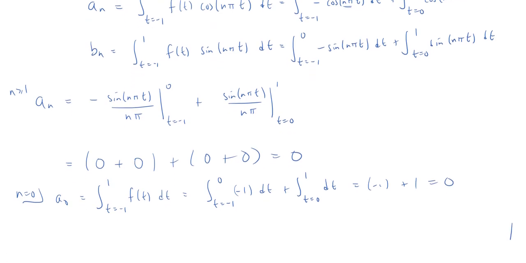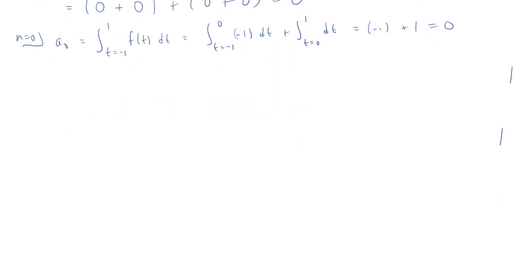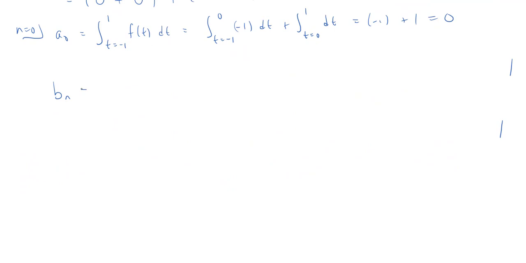Fine, let's move down to the sine coefficients. So we'll do the b's. So b, remember this was going to be integrating from negative 1 to 0, negative, now it's sine of n pi t. And then we'll integrate from 0 to 1, and then we get a positive sine of n pi t. All right, so when I integrate sine, I get negative cosine.